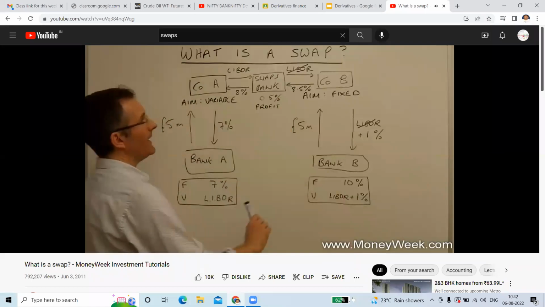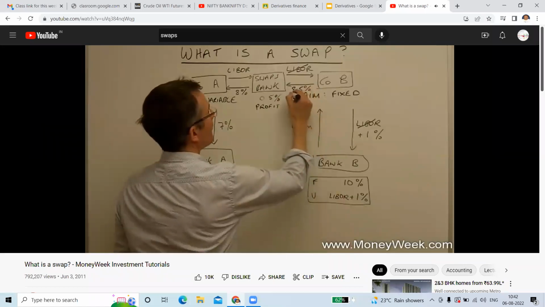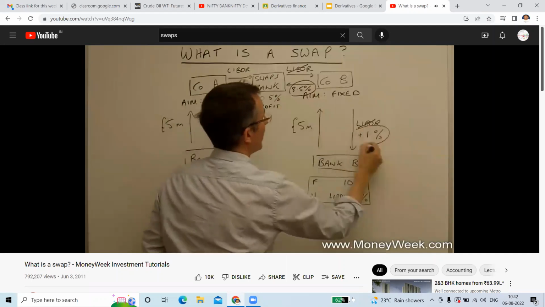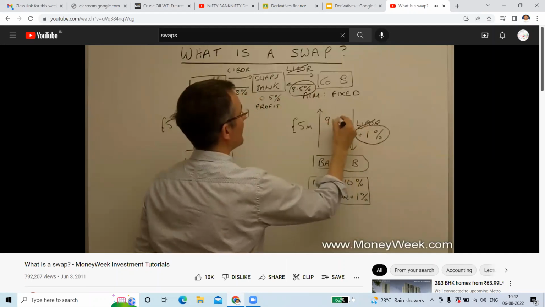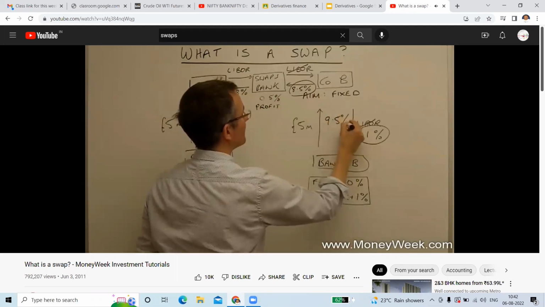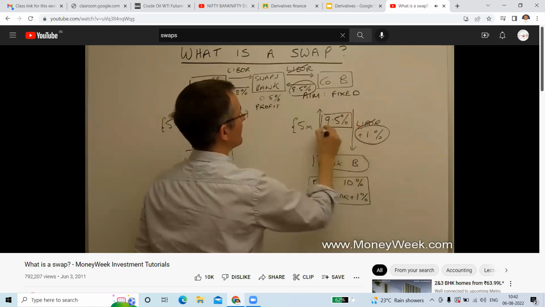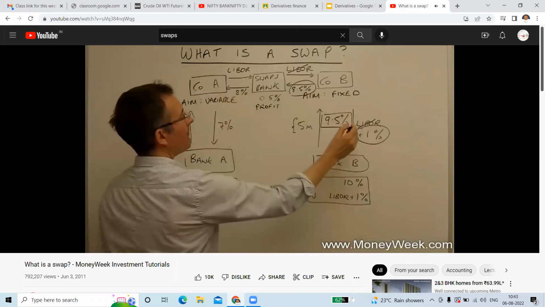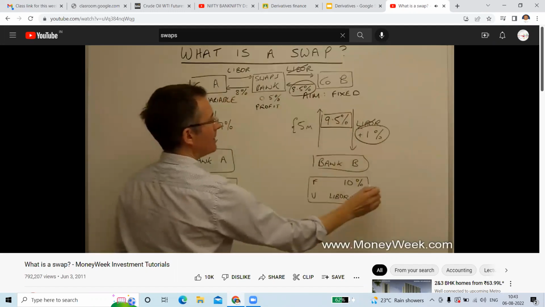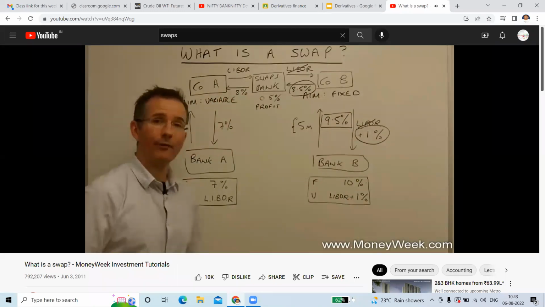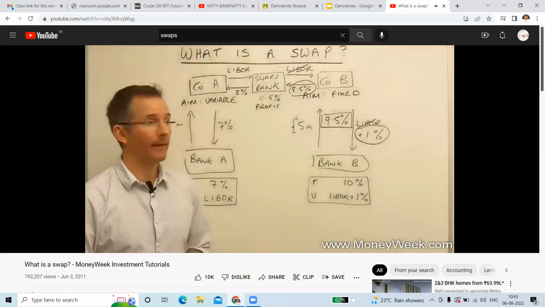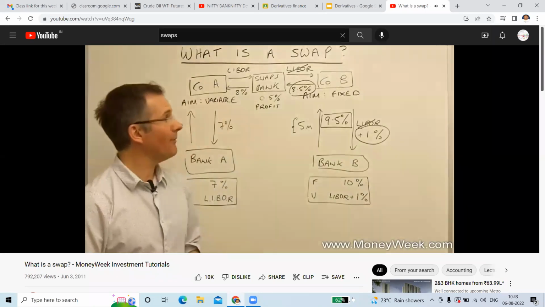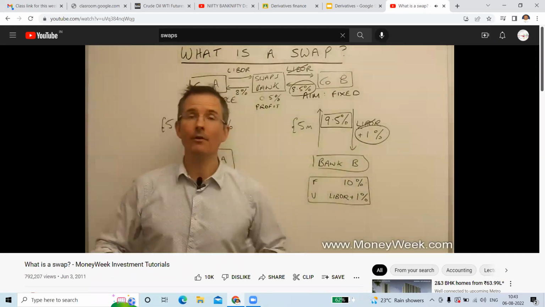And the answer is 8.5 plus 1, or 9.5% fixed. And 9.5% fixed is less than 10% fixed. It saved itself 0.5%. You might think that's not much, but on 5 million over, say, 10 years, that's worth having.